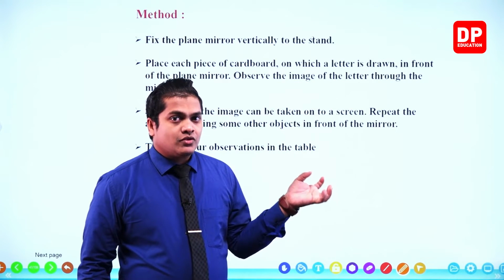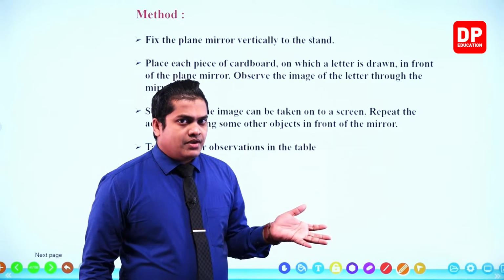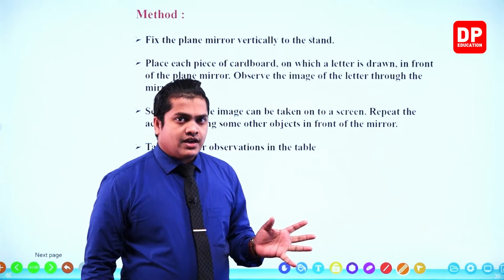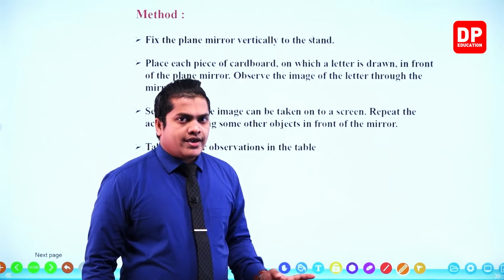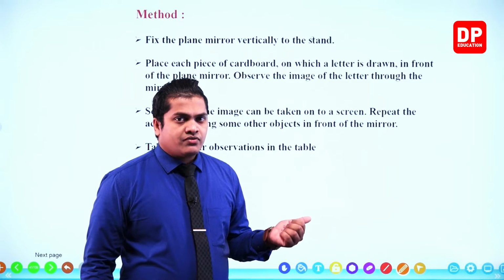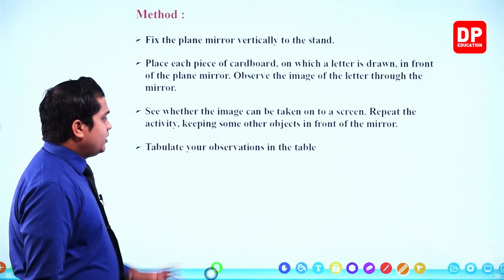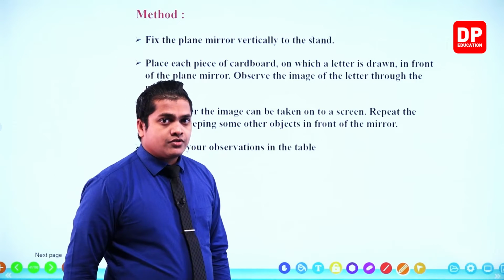Keep these letters in front of the mirror and observe whether you get an image the same as that one or any other. Are there any differences? My dear children, check what will happen to the size and the shape of the image as well. Then tabulate your observations in the table.